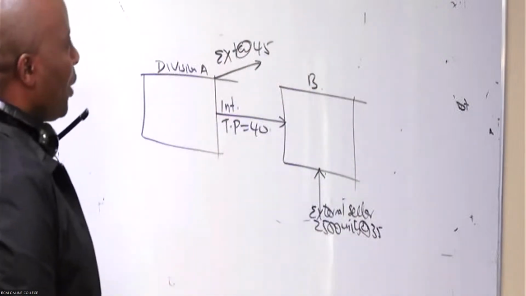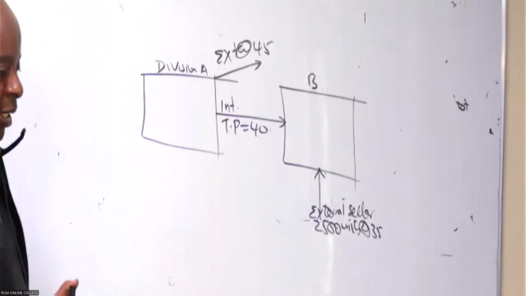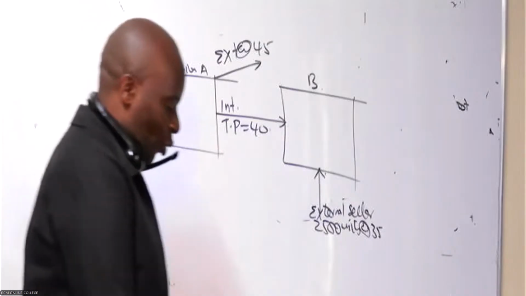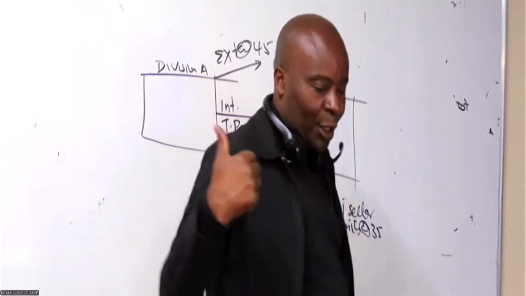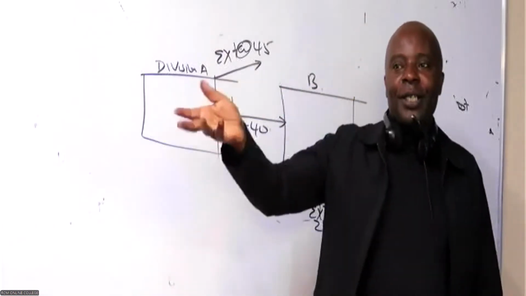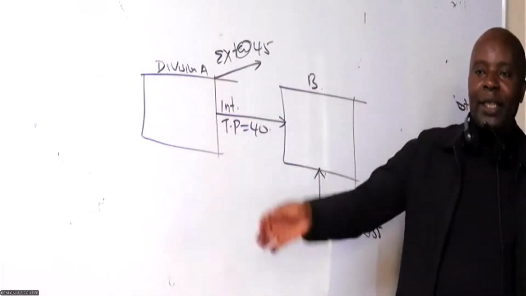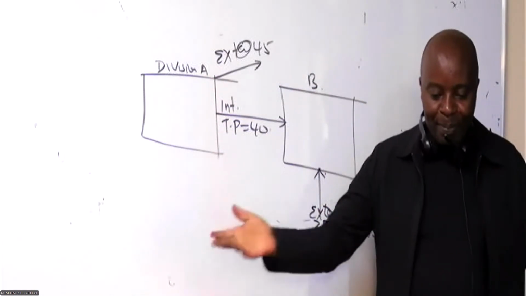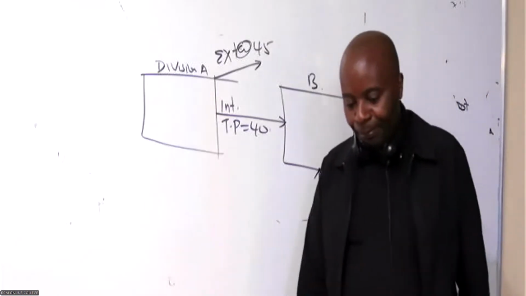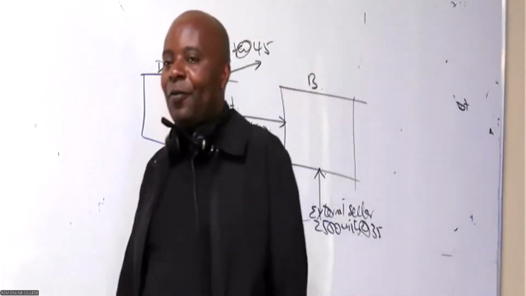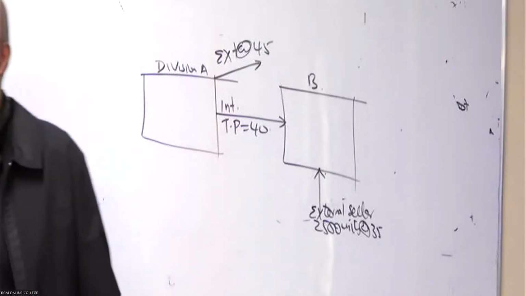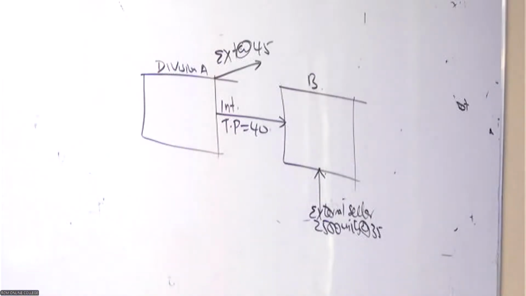If you are the manager at division B, what will be the best decision for you? Buy from A simply because A is your sister department, or buy from this external market? Buy at 35. I agree with that. I will buy in this case at 35. So what will be the impact if we buy?